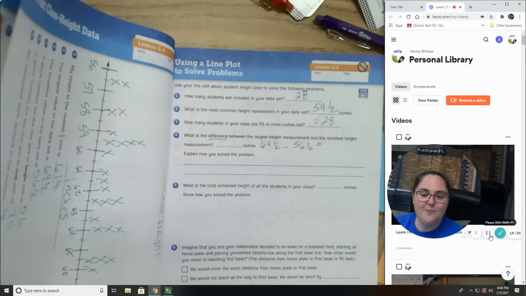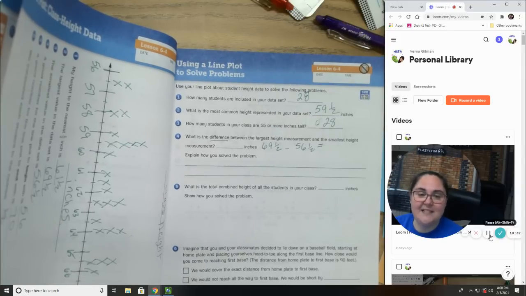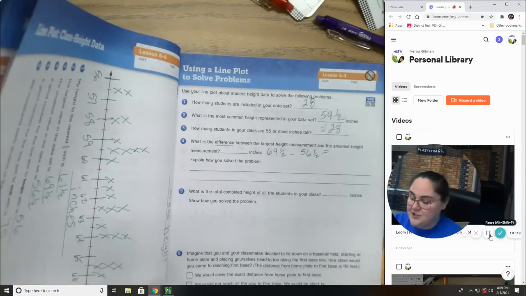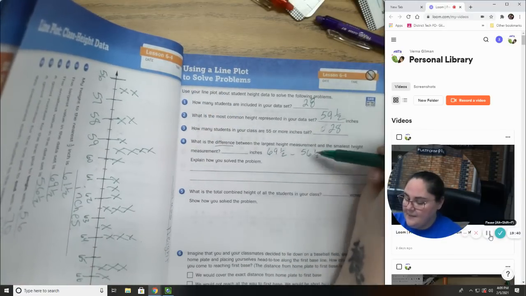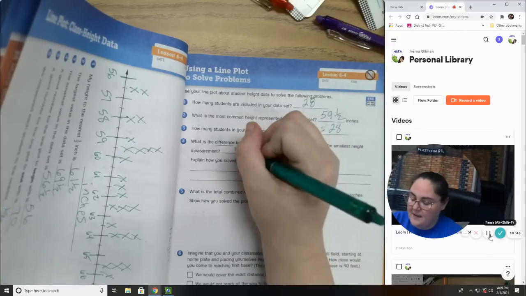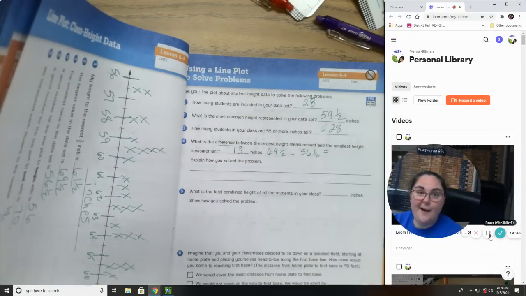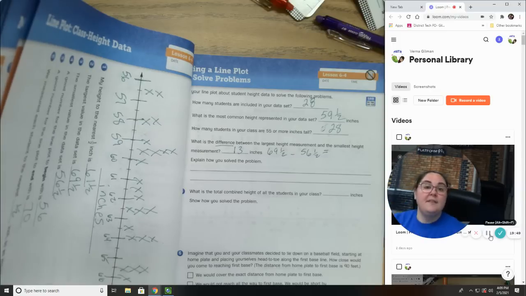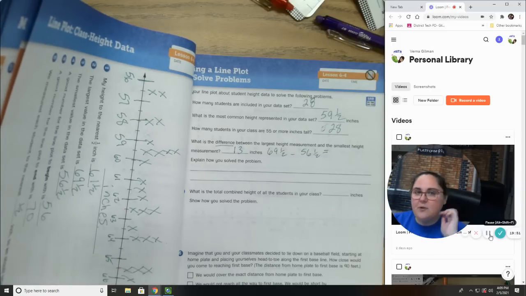What is the difference between 69 and 1/2 and 56 and 1/2? So if I actually subtract, 9 minus 6 is 3, 1/2 minus 1/2 is 0, 6 minus 5 is 1. So it's about 13 inches different. So we had a kid that was about a foot taller than the other kids. It's pretty normal.